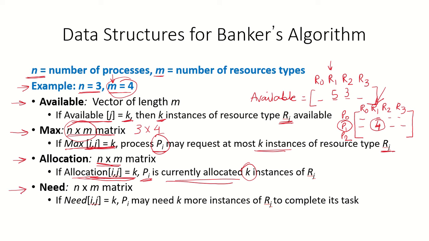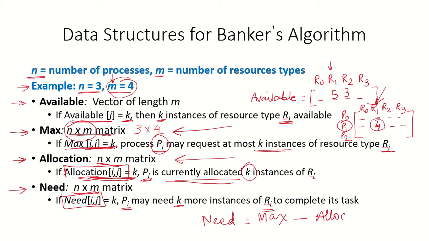Then we have the Need matrix, which again is an n by m matrix. This shows that Pi may need k more instances of Rj to complete the task. The maximum that any process would require is Max, and currently it has been allocated Allocation[i][j] resources. So Need[i][j] will be equal to Max[i][j] minus Allocation[i][j]. This is how the Need matrix will be computed.